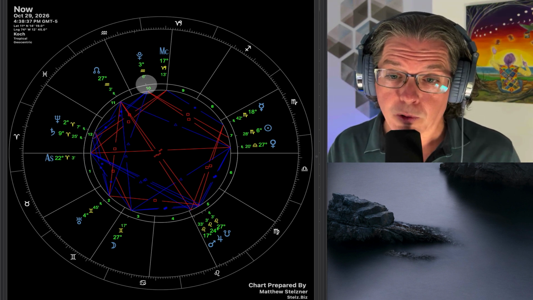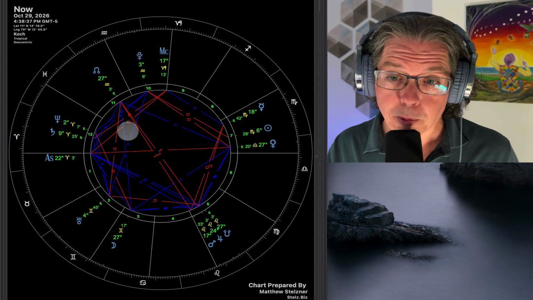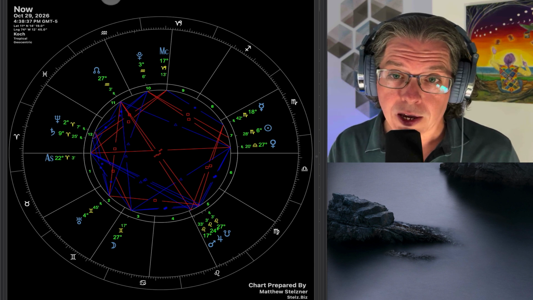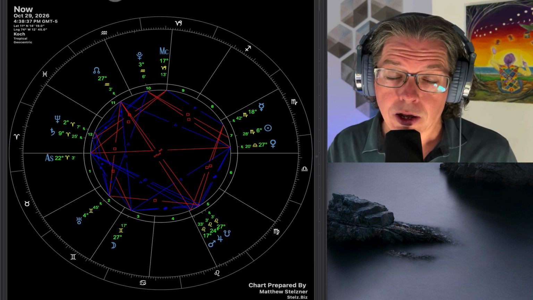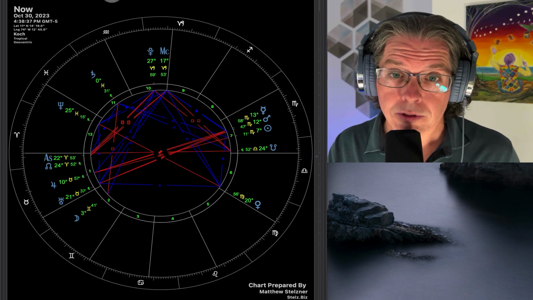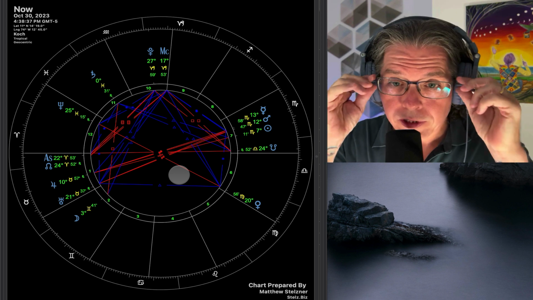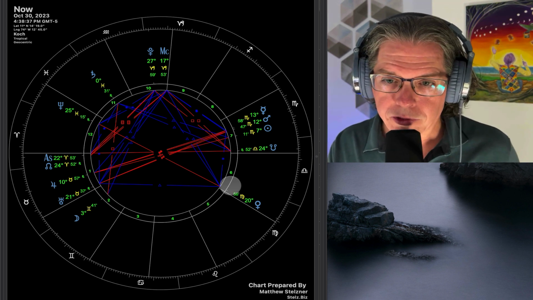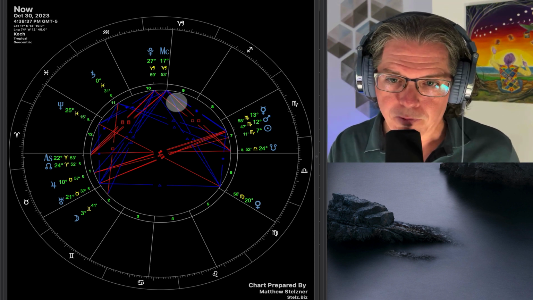And when you get grand trines with that formation, you also get a kite formation. And you can see it here. So Venus is opposite Neptune and forming the grand trine to Uranus and Pluto.